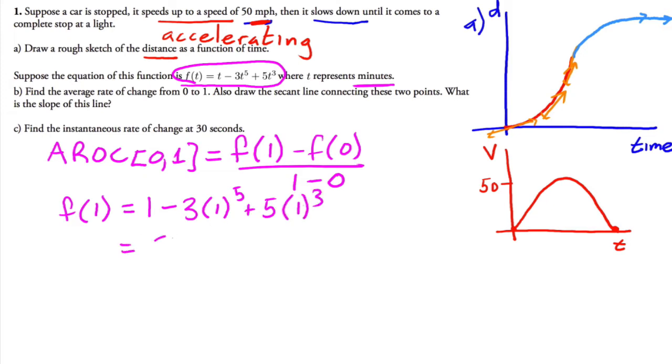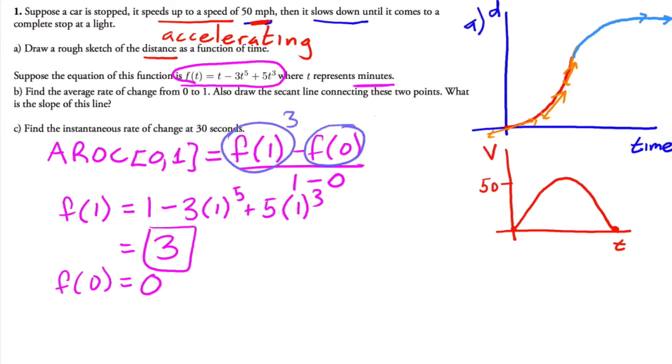So this is equal to 3. Then f of 0, when you plug in 0, you're just going to get 0. So here what we've got is 3 minus 0 over 1, which is just equal to 3. So that's the average rate of change.